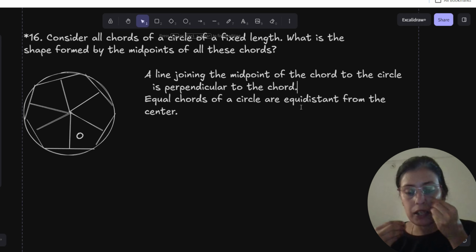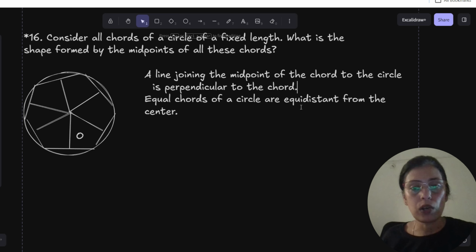In theorem 5, we were saying that any line drawn perpendicular from the center to the chord will bisect the chord.